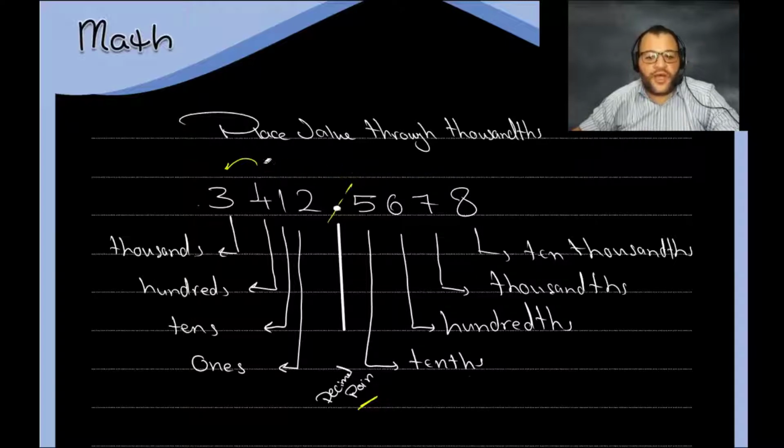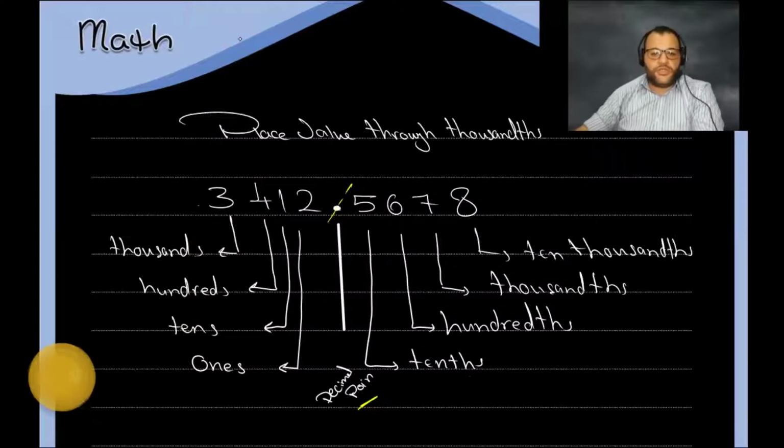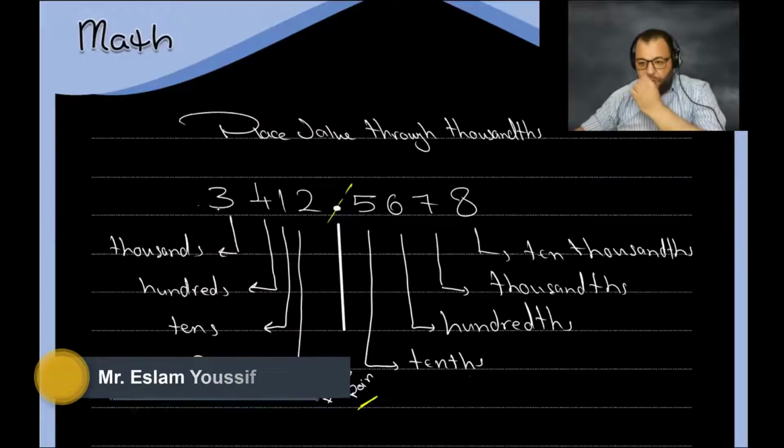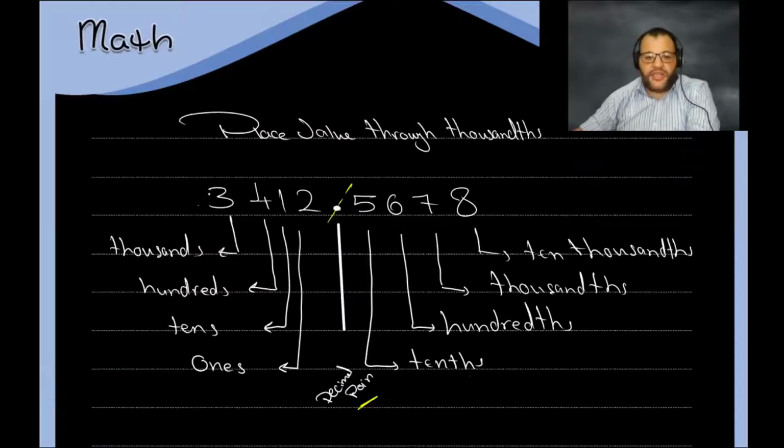Now we need to find the value of each digit. If you know the value, please raise your hand. I need the value of 3. What is the value of 3? Abdurrahman? What is the value of 3?